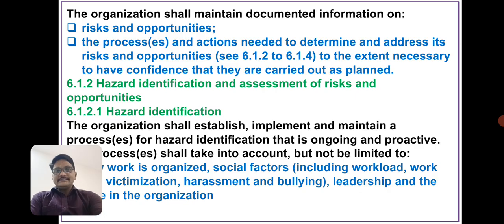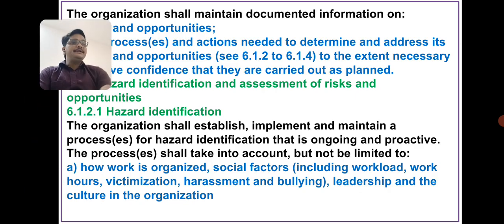The organization shall establish, implement, and maintain a process for hazard identification that is ongoing and proactive. The process shall take into account, but not be limited to, how work is organized, social factors like workload, work hours, victimization, harassment, bullying, and leadership and culture in the organization.